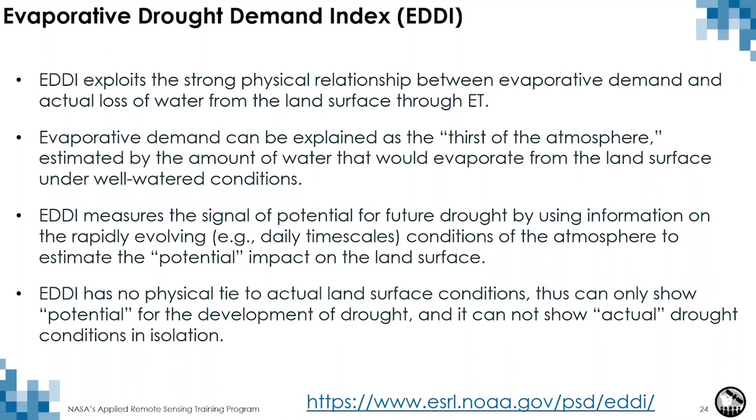It doesn't actually know if the plant is well watered, what the soil moisture conditions are, or what the actual evapotranspiration is. So it's a tool that has to be used with other tools to validate if there's an actual tie back to the land surface, that we're actually seeing impact in evapotranspiration rates or soil moisture, to really validate if EDDI is showing that potential for drought, if it's actually turning into an actual drought.